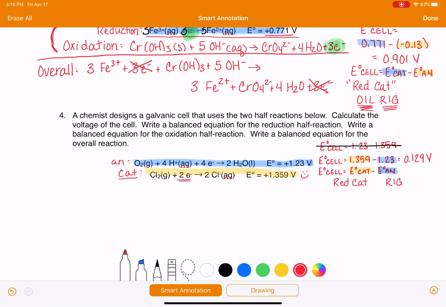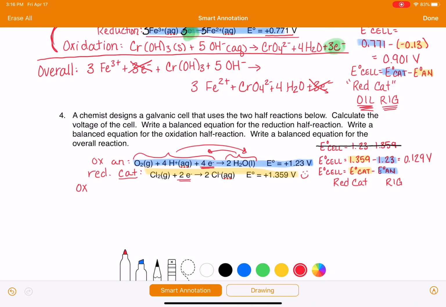Our anode is our oxidation reaction. Oxidation is loss, so in an oxidation reaction, the electrons need to be on the product side. And in this reaction right now, the electrons are on the wrong side. So we need to take this whole equation and turn it around so that our electrons are on the correct side.